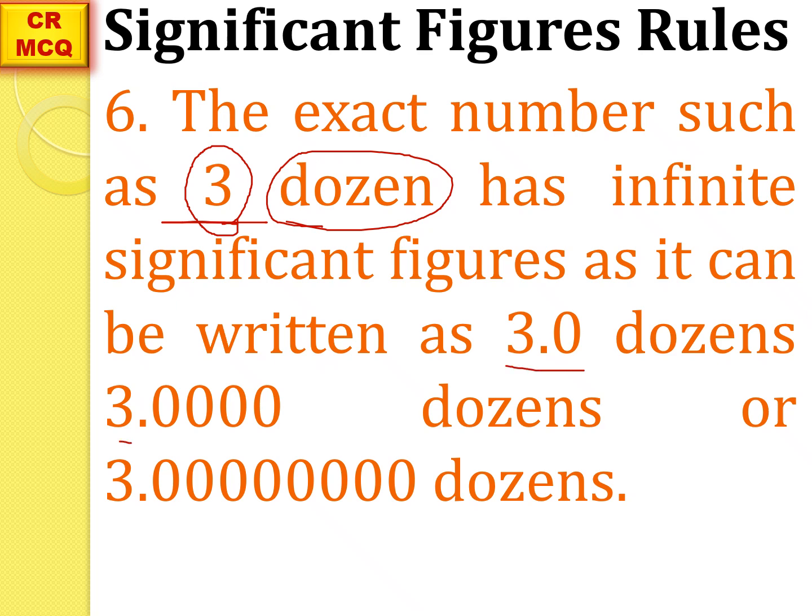If you write 3.0000 dozen, it also means the value is only 3 dozen. 3 dozens means 1 dozen has 12, so 3 means 36 overall. So whenever the value given is a number followed by a unit, that means it has an infinite number of significant figures.